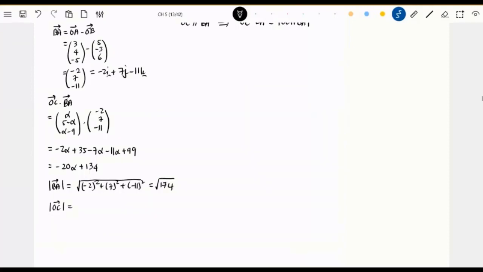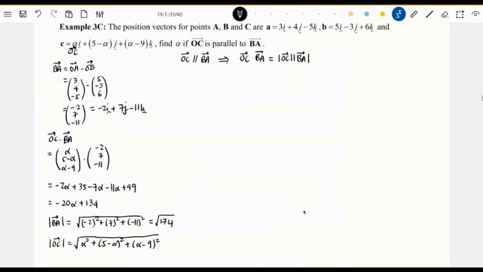Okay. For magnitude OC, it's going to be alpha square, 5 minus alpha square, plus alpha minus 9 square. Okay. So just leave it like that, sebab kita tak nak complex dulu. Okay. And then we put these two parts, so kita akan masukkan semua sekali ke dalam formula yang ini.